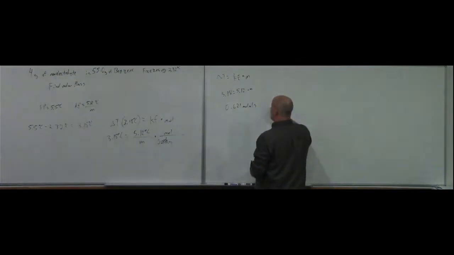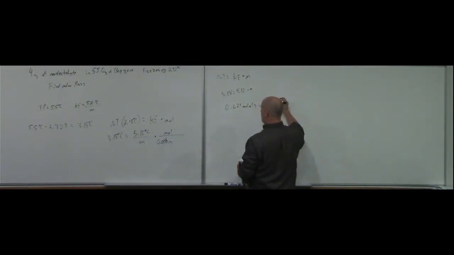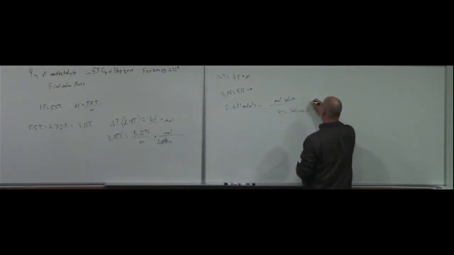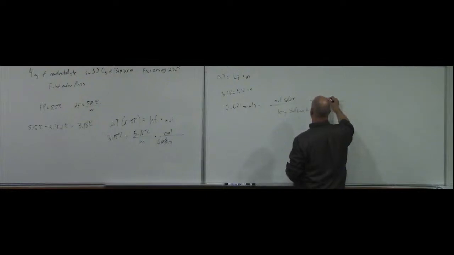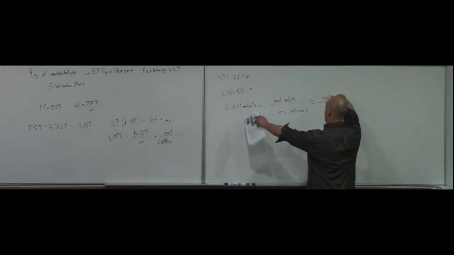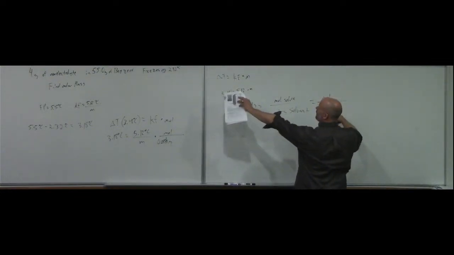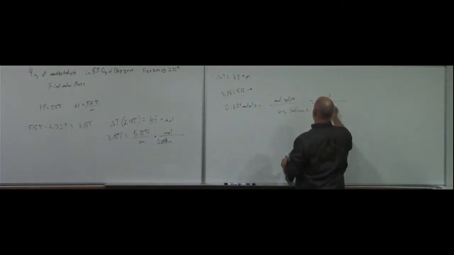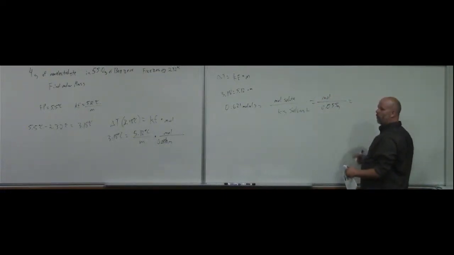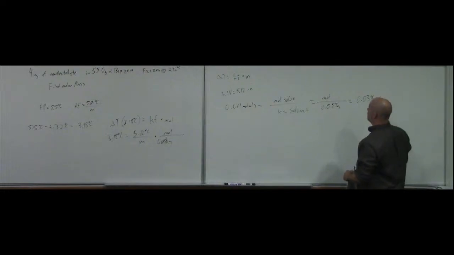Okay. Well, molality equals my moles of solute over my kilograms of solvent. I want this. This would be really nice to know to get to my molar mass. So I'm going to multiply by my kilograms of solvent, which is 0.055. Okay, so this will give me moles of solute, which is 0.034 moles.